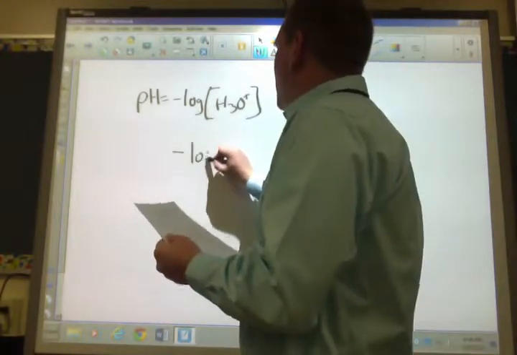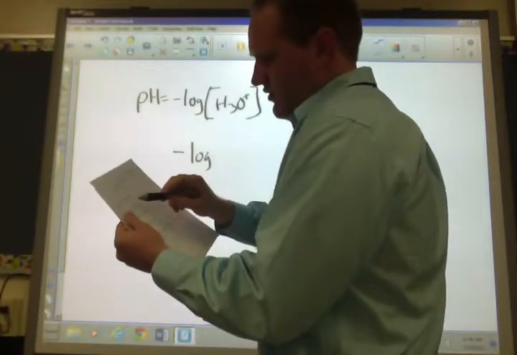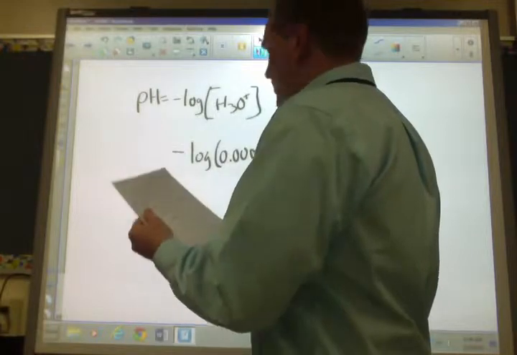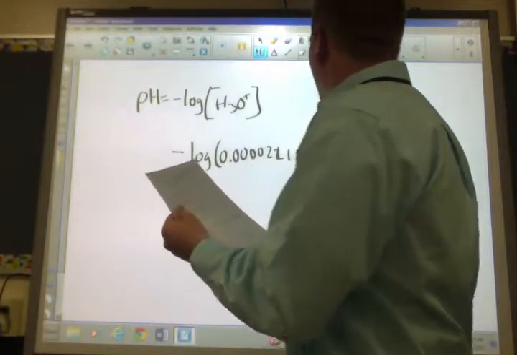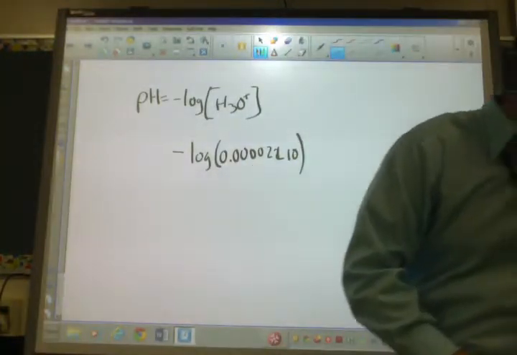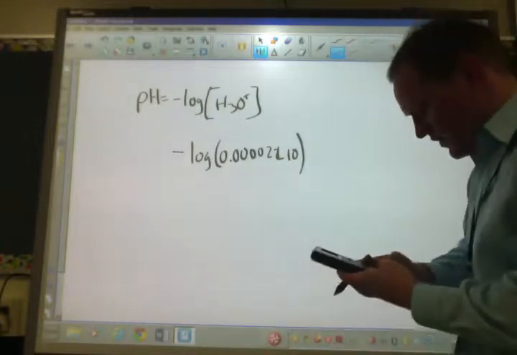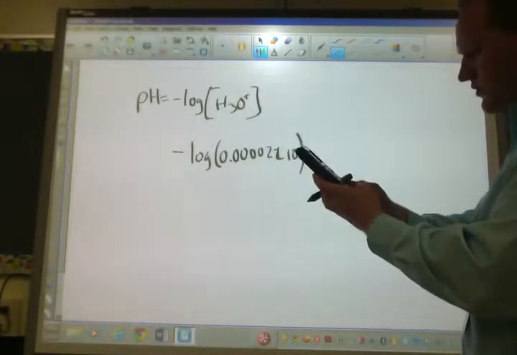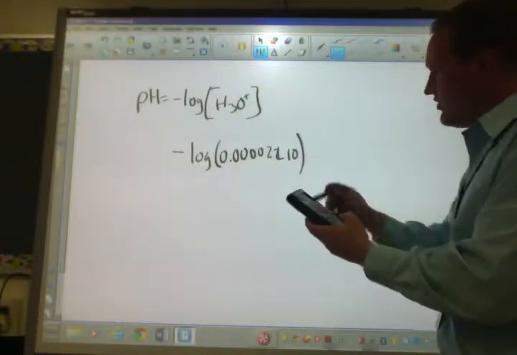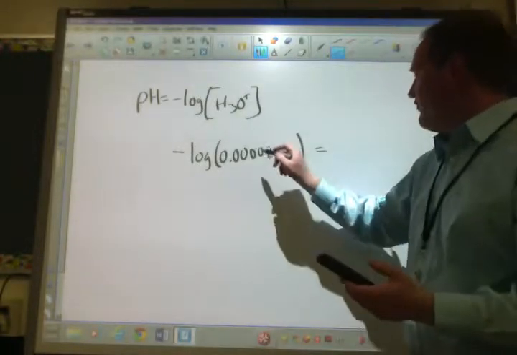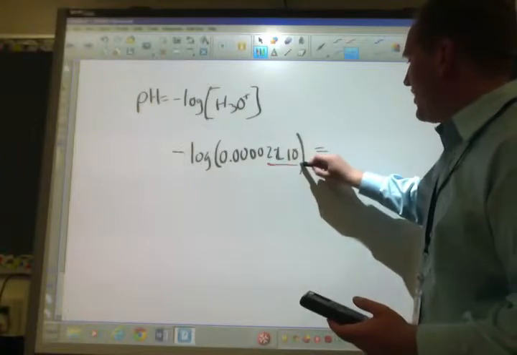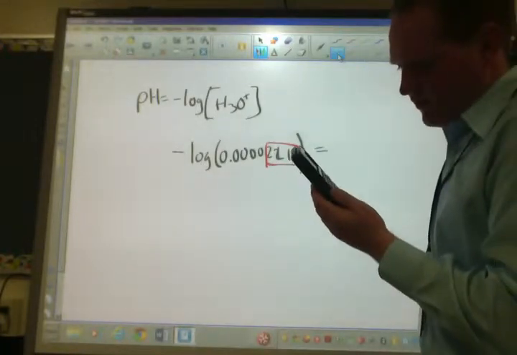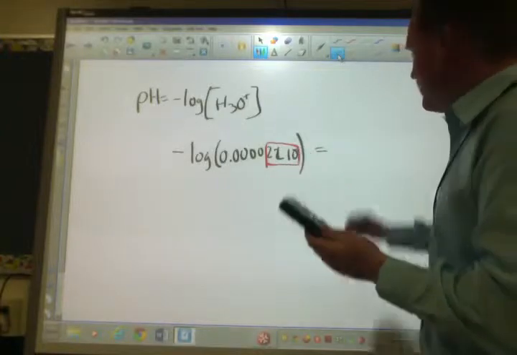So negative log of 0.00002210. Plug it into the calculator: negative log, 0.00002210, close parentheses. And I'm looking at 4 sig figs here. Remember that 0 counts. So I'll call this 4.656.